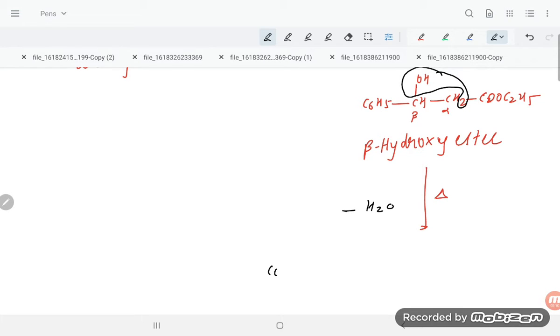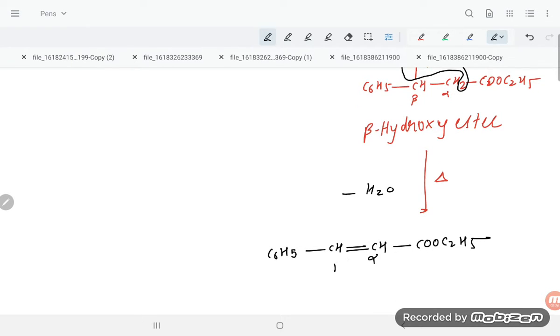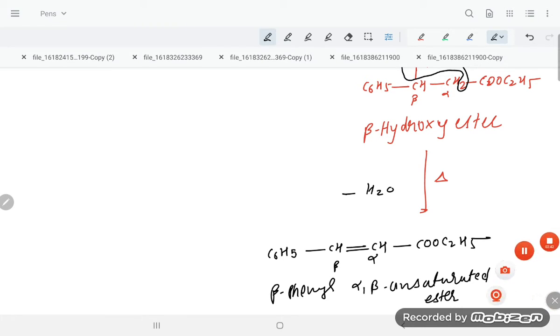So the compound formed is C6H5, CH, double bond, CH, COOC2H5. This is known as beta phenyl, it is on the beta position. This is the beta phenyl alpha beta unsaturated ester. This is our product, dear students.